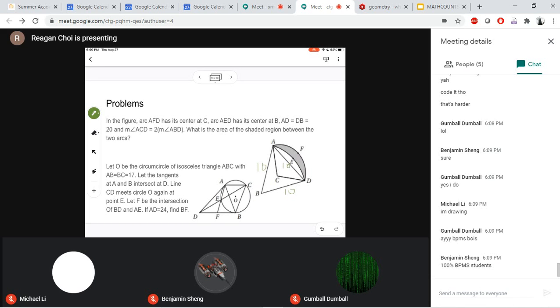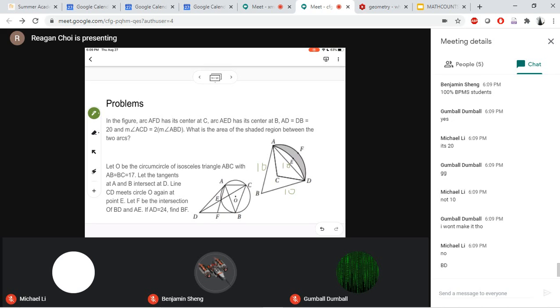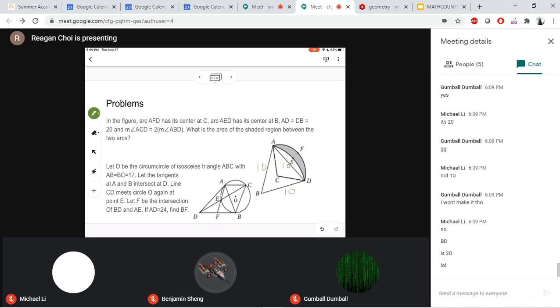So that means we'll probably have at least 15 people, probably like 16 or 17 on the team. It's not 20, it's 15. BD is 20. Alright, let's fix that. 20, 20, and 20.